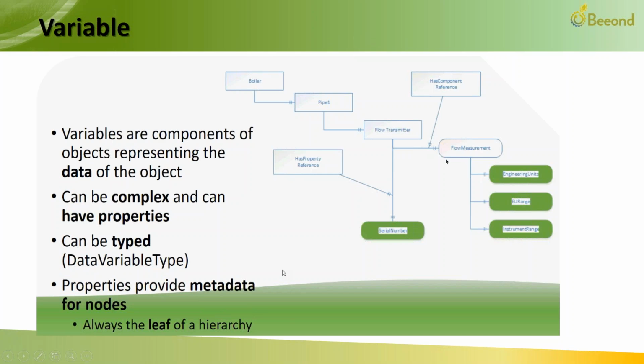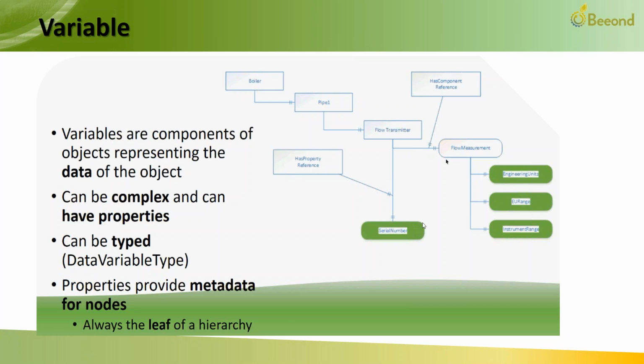The slide repeats the concept where properties are the metadata of the nodes, the supporting information that qualifies that entity, and they're always the leaf of a hierarchy. Here you see our flow transmitter with the flow measurement that has three properties: the ranges and the engineering units, or for example, the serial number of the device.